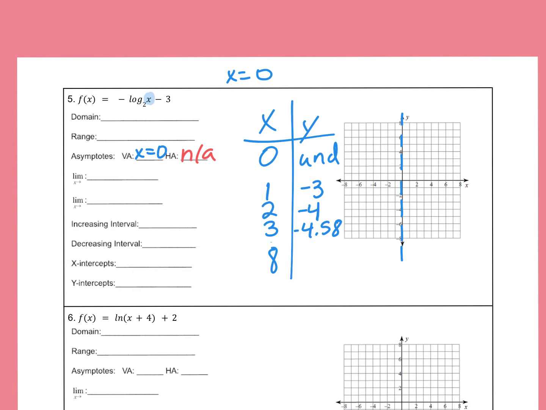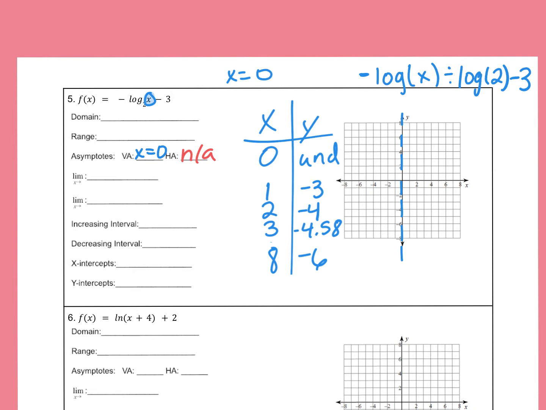If you struggle with these, when you're doing that change of base formula, it's log A divided by log B. We said the A value was x, so when I type this in, negative log parentheses whatever the x is that you're typing in, so in this case it's 8, so negative log 8 close parenthesis divided by log of 2 close parenthesis minus 3, and I get -6.